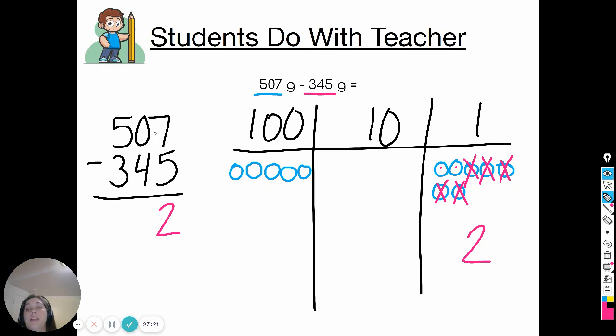Next, we're going to look in the tens. Right now we have 0, but we need to take away 4. We don't have 4 to take away, so we're going to have to borrow. Okay, so we're going to take away 100, move it over here, and trade it for 10 tens. So cross out your 100, and we're going to make 10 new tens in the tens place.